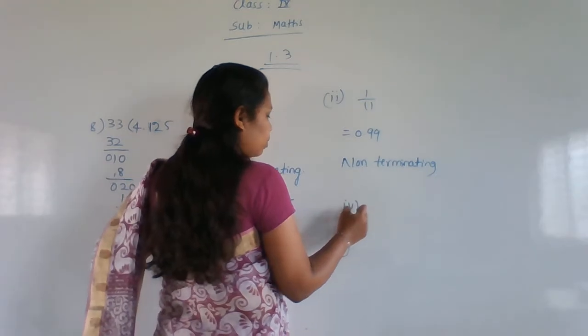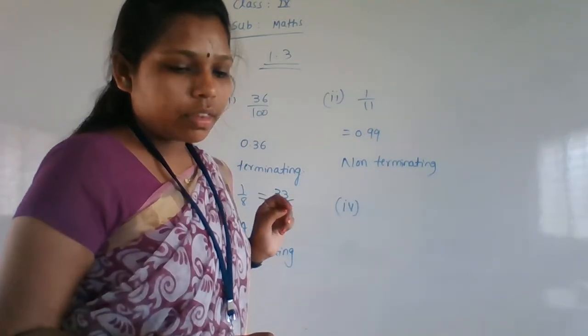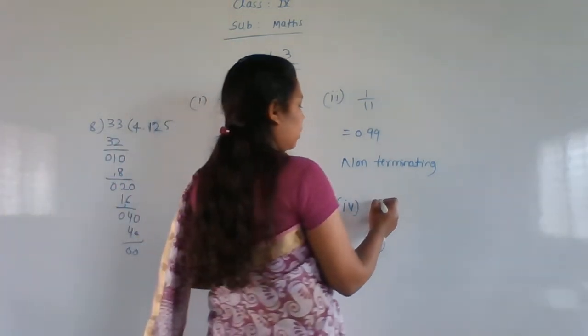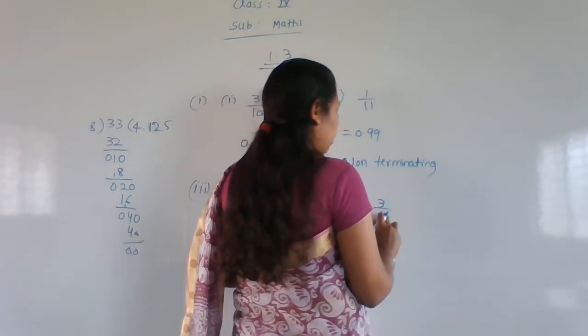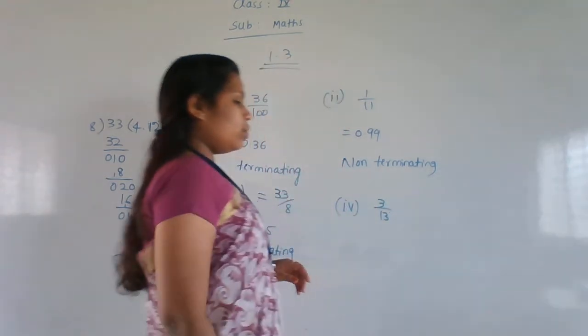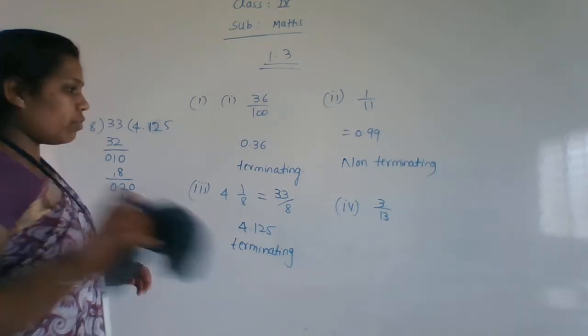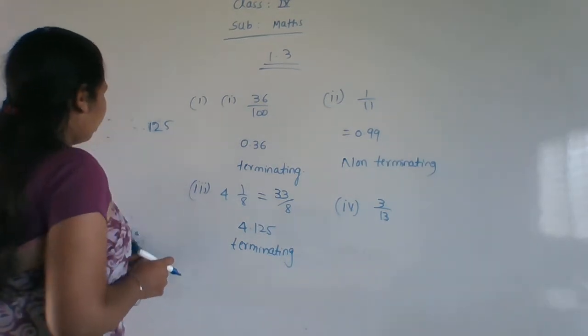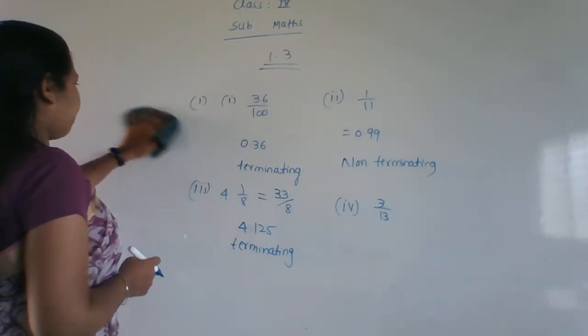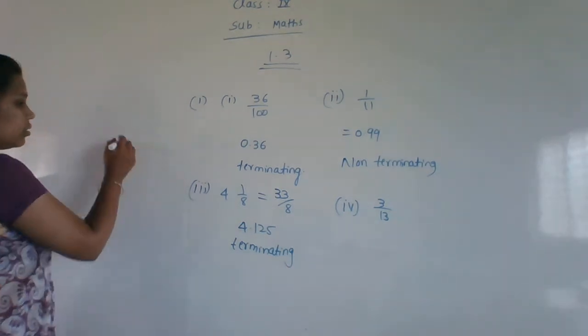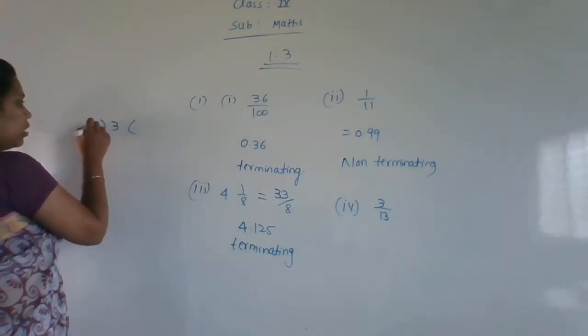Next, the fourth one is 3 by 13. What is the decimal expansion for 3 by 13? Do the division, same thing. Here 3 is there, 13.